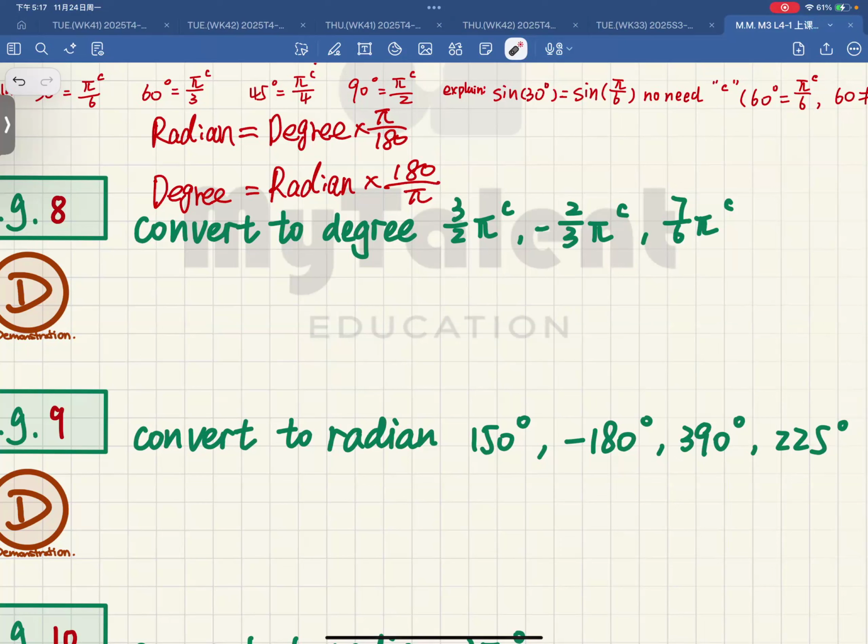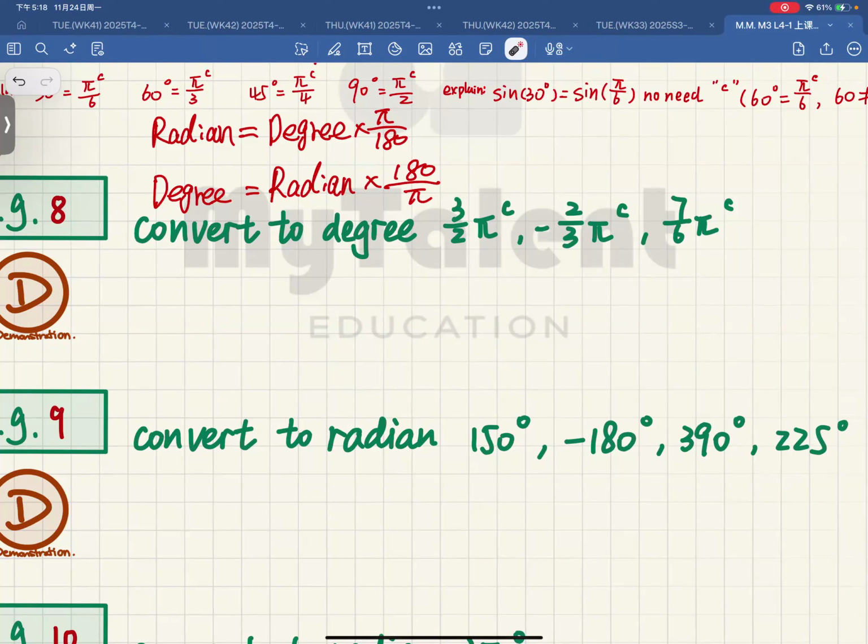Negative 2 on 3 pi times 180 over pi. Tell me which two can be canceled out? Pi can be canceled out. Okay, next step, 3 and 180.